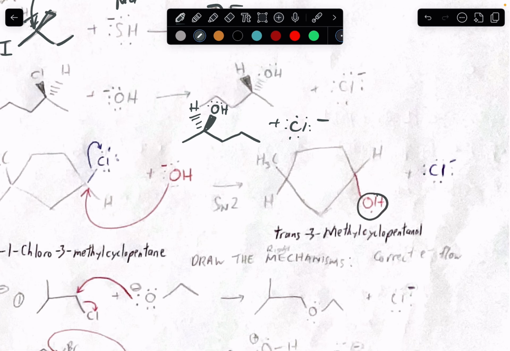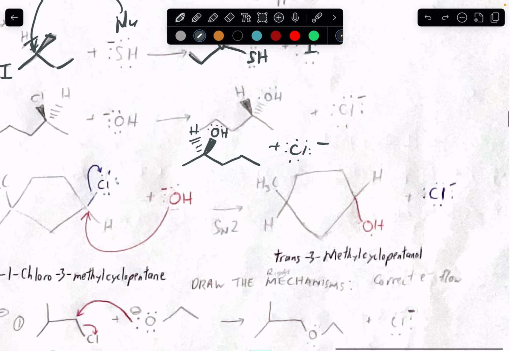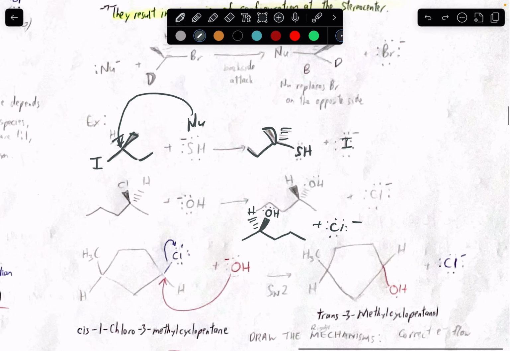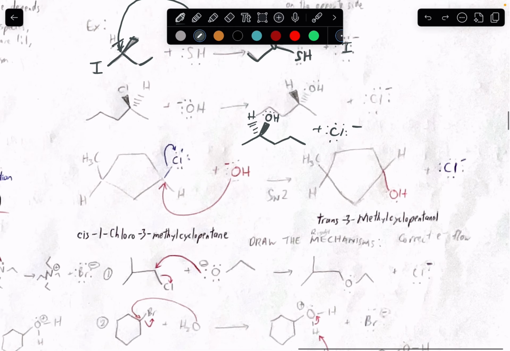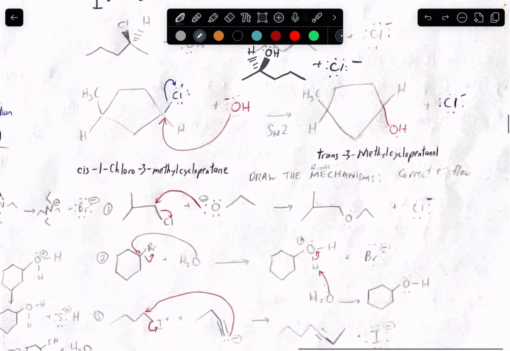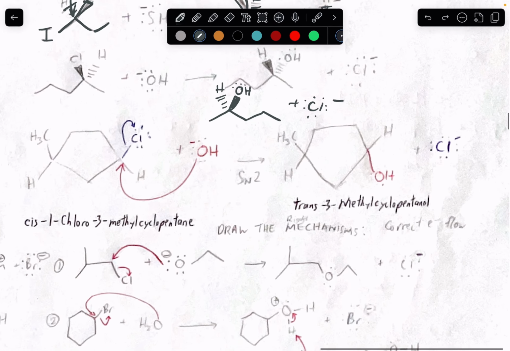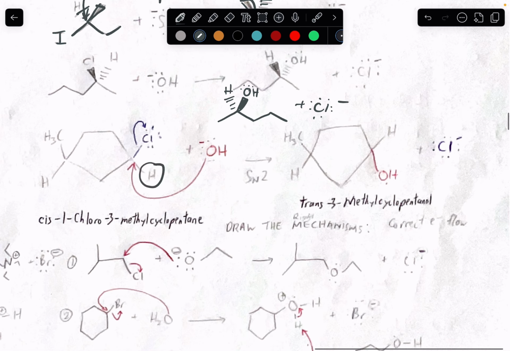So OH is now here, and H. At this point, just try to memorize the figures. Then from there, you might be able to understand the pattern. The hydrogen here was placed here when the nucleophile arrived here, and the leaving group was ousted or purged.